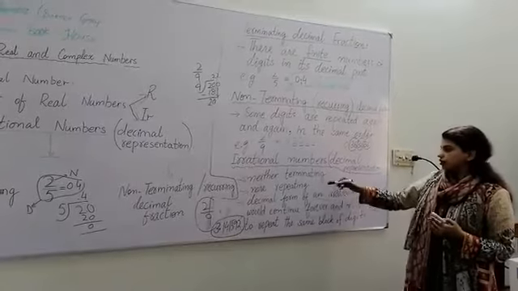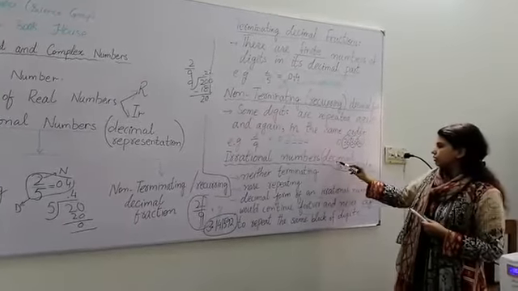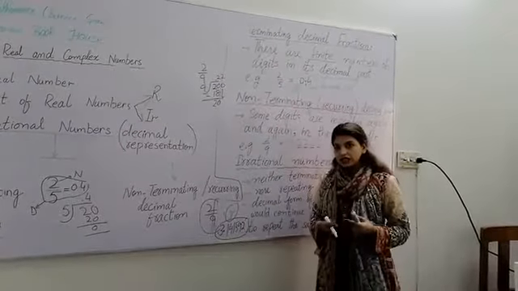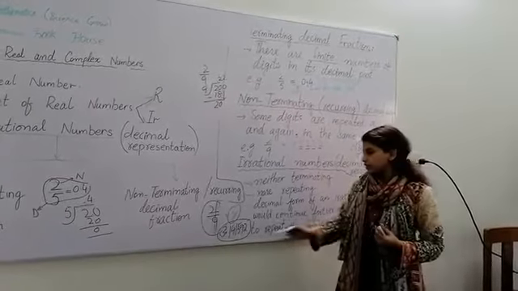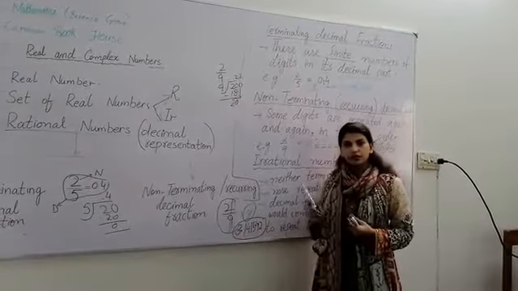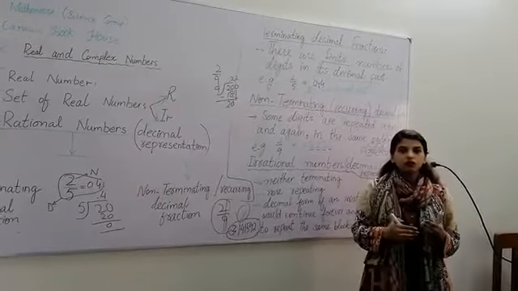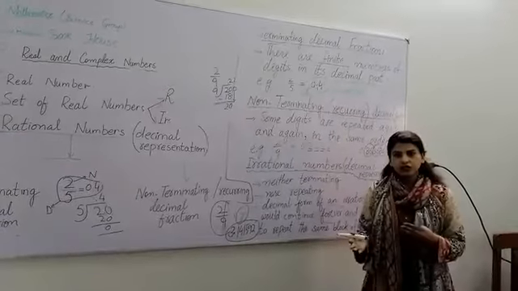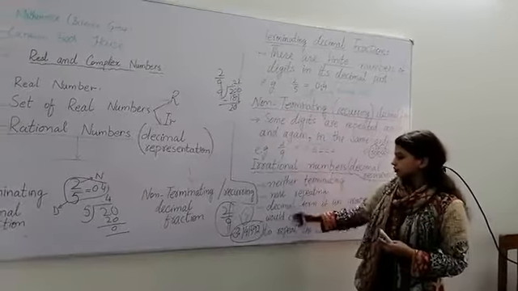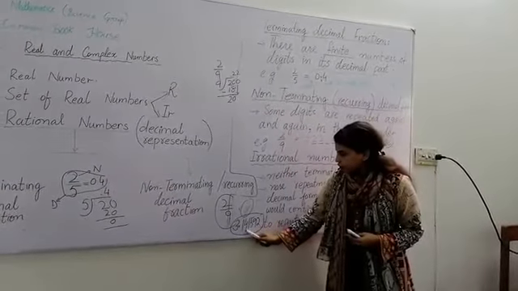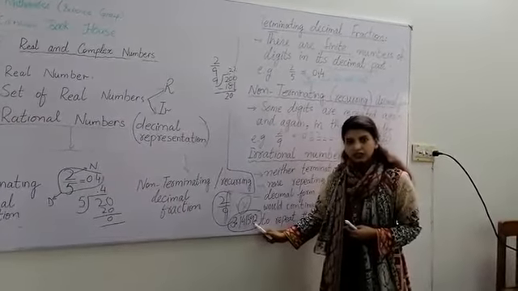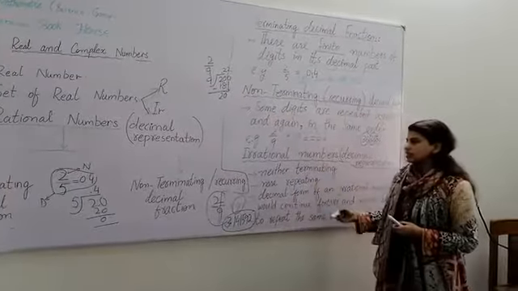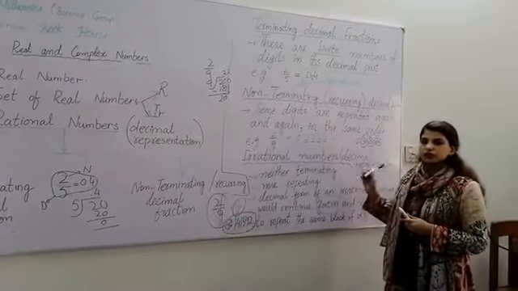Although pi is a real number, as we can plot 3.1415 on a number line. As you remember, all numbers which we can plot on a number line are real numbers, and in real numbers we have rational and irrational numbers, and this is an irrational number. Look, no digit is repeated here in the same order. That is why this is an irrational number decimal fraction.